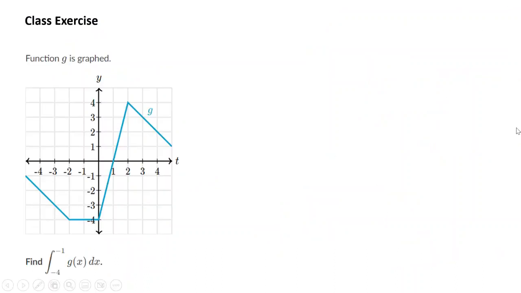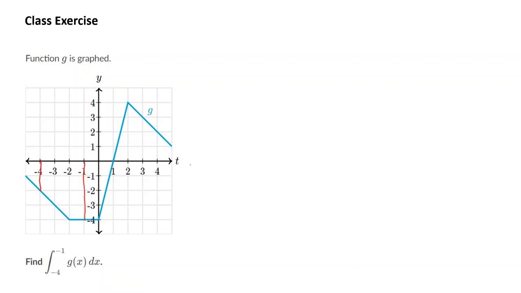So we have learned that for the area under the curve below y equal to 0, the integral is negative. Here we have an example: find the area under the curve of g(x). This is basically asking what the area is in between, from -1 to 2 to -4.